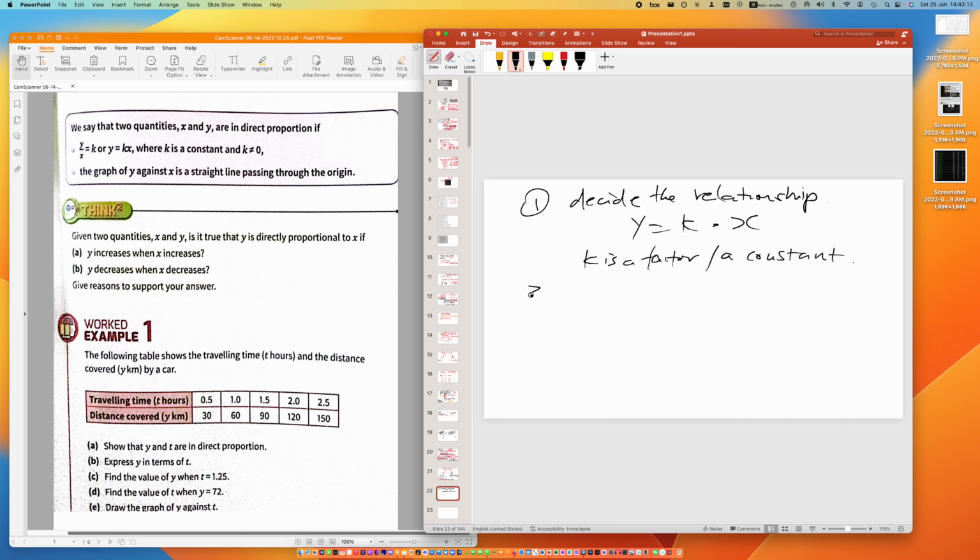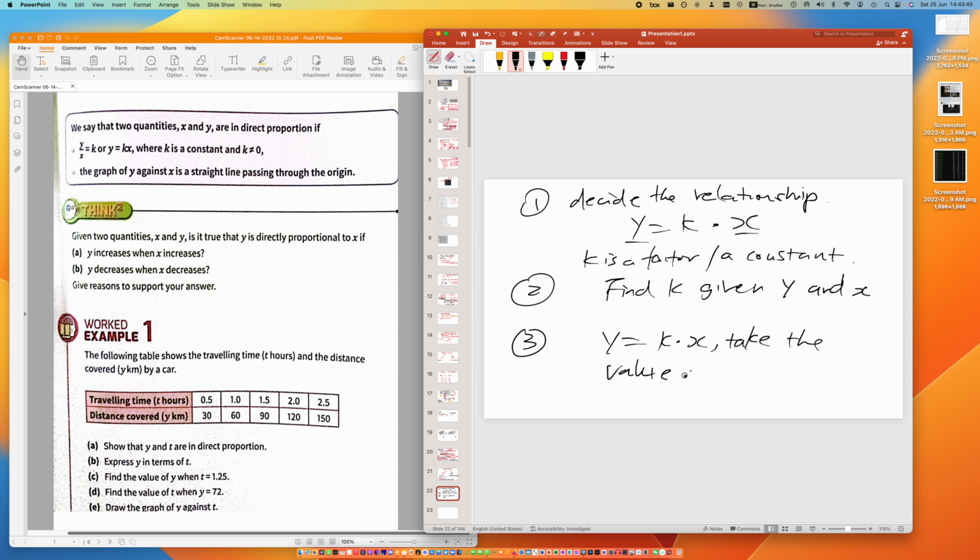Step 2: they will give you some values of y and x. Your job is to find k, given y and x. Third step: write y equals kx, and take the value of k from step 2.